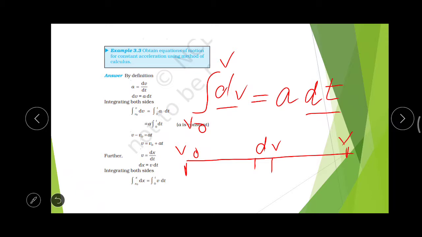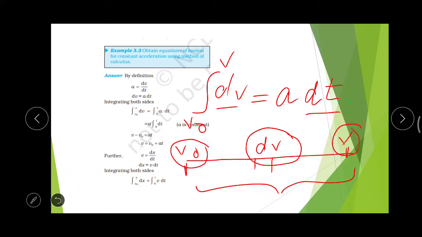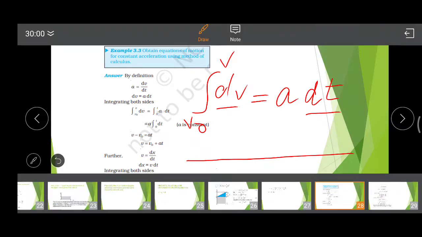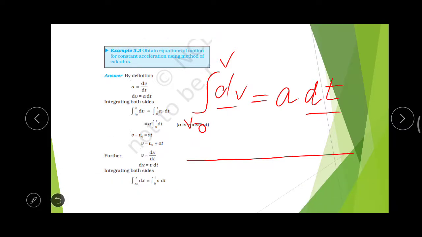So you find that entire velocity with the help of the fractional value dv within the limits v0 and v. That is simply the meaning of integration. I think now you understood it. So the limits are v0 and v, and we have to apply the integration.